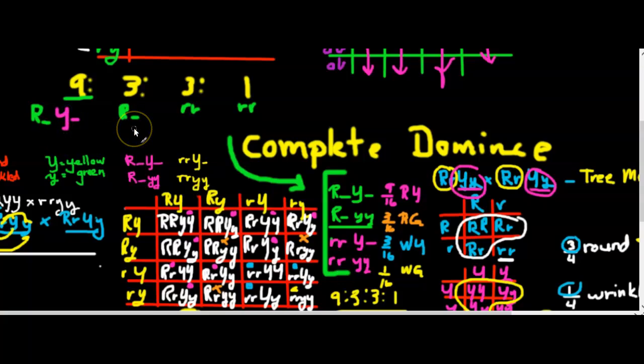And this one is going to be recessive for the second trait. So dominant, recessive, dominant, recessive. So just make sure you know the pattern, and then you won't have to do any of that work if it is complete dominance. And you'll get a 9 to 3 to 3 to 1 ratio. And you could always do your chi-square test to see if it actually fits a 9 to 3 to 3 to 1 ratio.